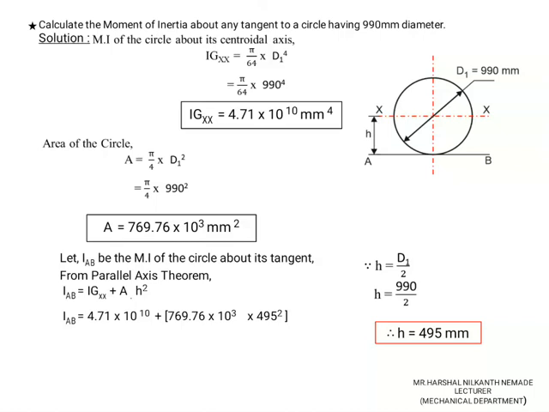I calculate d divided by 2, meaning 990 divided by 2. Height is 495 mm, and I will multiply 495 the whole square. After solving in the calculator, I get IAB is equal to 2.357 multiplied by 10 raised to 11 mm raised to 4.